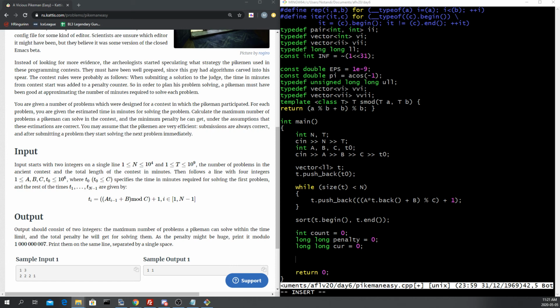Okay, so now we just want to try to solve the problems in the order we've given. So let's just start at problem 0 and go all the way up to n. If we exceed the contest time, then we're done. So if current time plus the time it takes to solve the problem we're at exceeds contest time, then break.